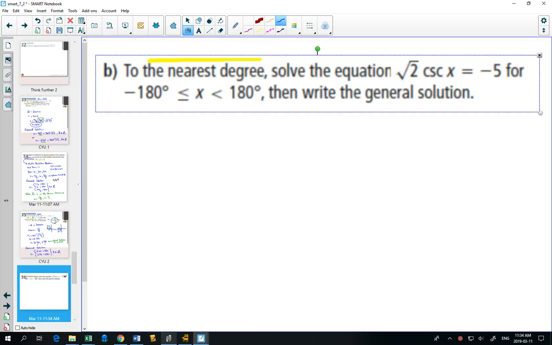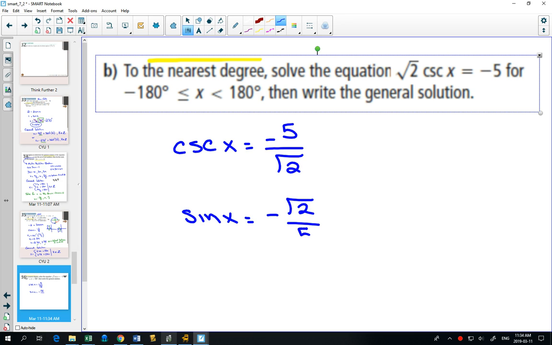Anytime you have a reciprocal trig function, we can start the same way as we solved all of our other trig functions. Can you get the function by itself? Yes, I can, by dividing both sides by root 2. And then, recognize that the reciprocal of cosecant is sine, so if cosecant x equals negative 5 over root 2, then sine of x will equal negative root 2 over 5.